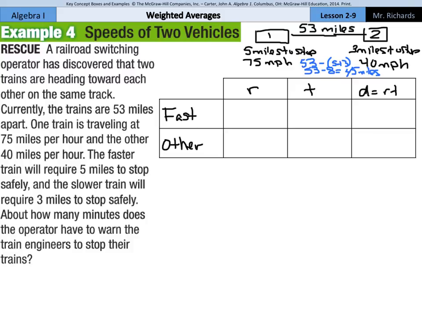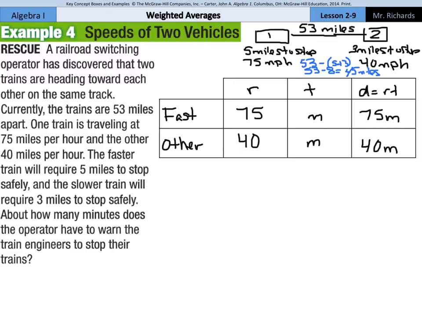Well, our fast train is traveling at 75 miles per hour and the other train at 40 miles per hour. The time, we don't know, but it's going to be the same. It's going to be m for minutes. And if distance equals rate times time, then this is going to be 75m, and this is going to be 40m.